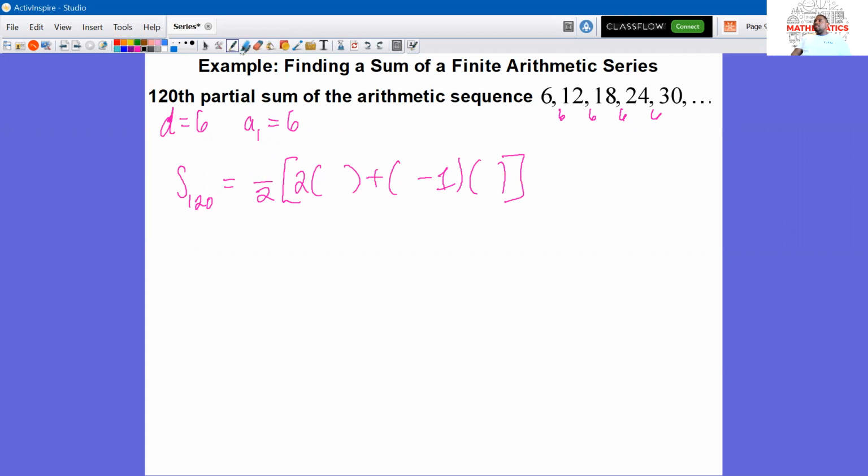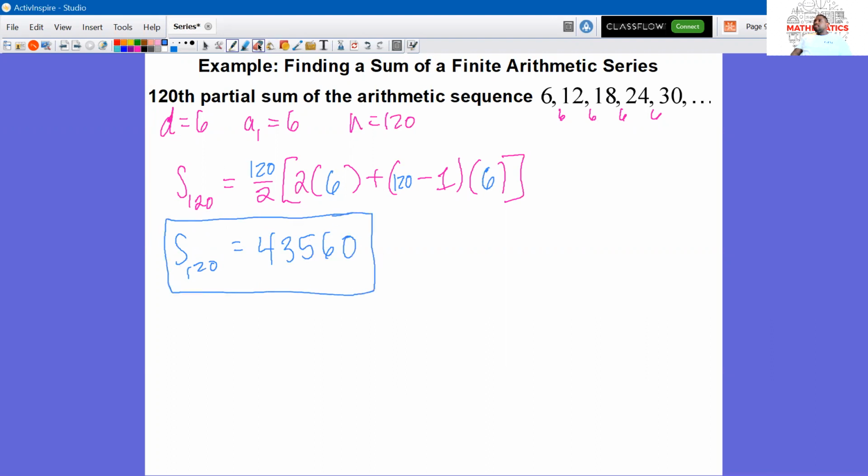So the n we're looking for is 120. That's the number of terms we add. A1 is 6, and the common difference is 6. Then you can plug all of that into the calculator, and you get 43,560 as the sum of the first 120.